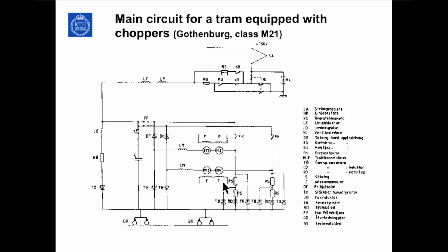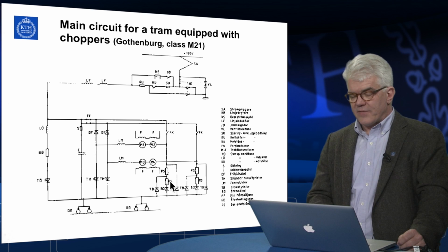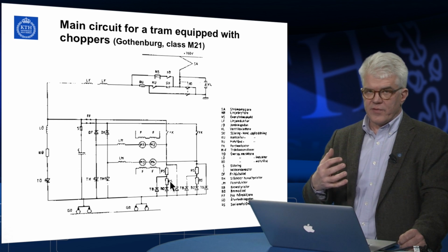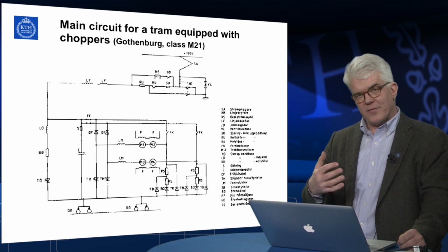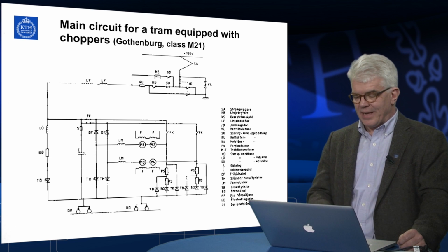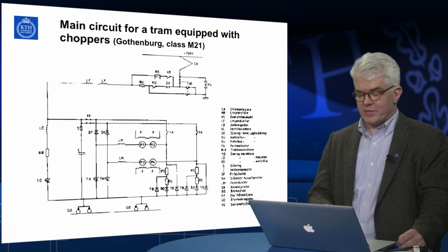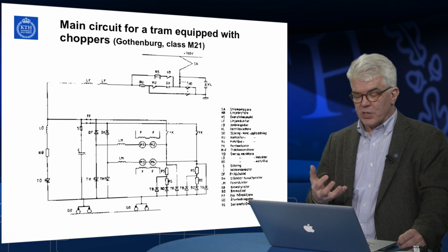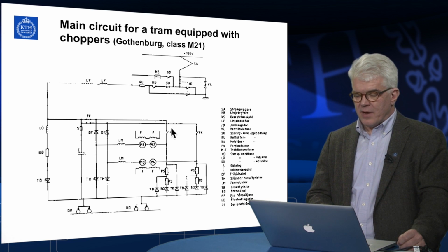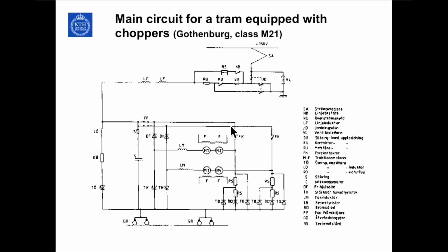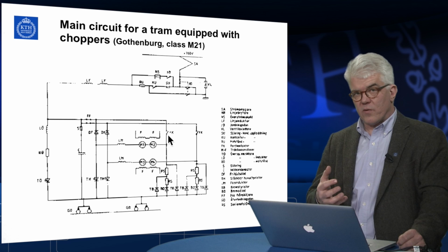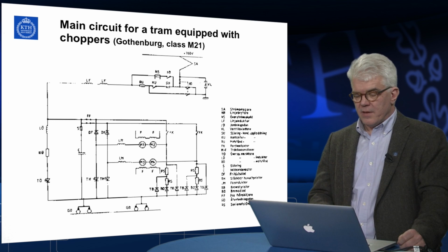You have the braking resistances here, RS and RS separated into two parts. You can have two steps. You can have one braking resistor. You can have two braking resistors, depending on if you want more braking or less braking. And you can, of course, if you want to disconnect them completely or short circuit them. And then you have the contactors, mechanical contactors that determine whether you had braking or motoring.